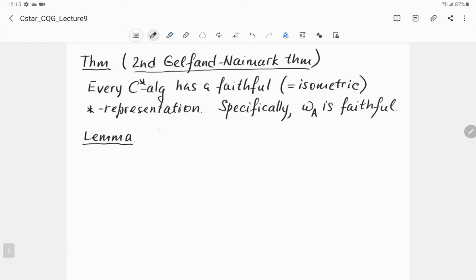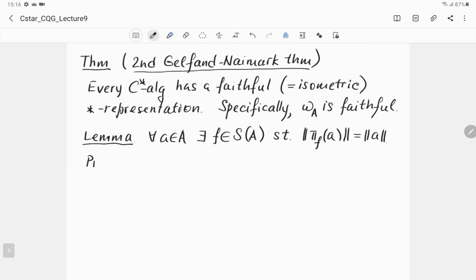I claim that for each element A in our algebra, there exists a state f on A such that the following equality holds: the norm of pi f of A, where pi f is the respective GNS representation, is equal to the norm of A. Okay, so let's prove this lemma.